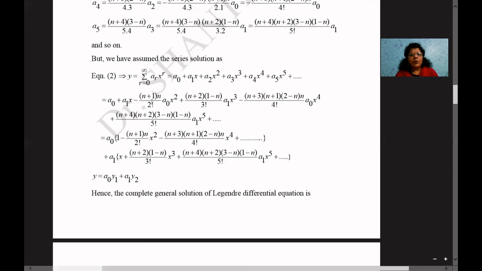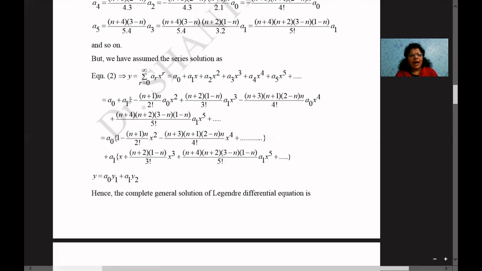Only 1. What is left out from the third term? Minus (n plus 1) into n divided by 2 factorial into x square. What is left out from the fifth term? Minus (n plus 3) into (n plus 2)... into (2 minus n) into n divided by 4 factorial into x power 4 plus etc. Because it is an infinite series.